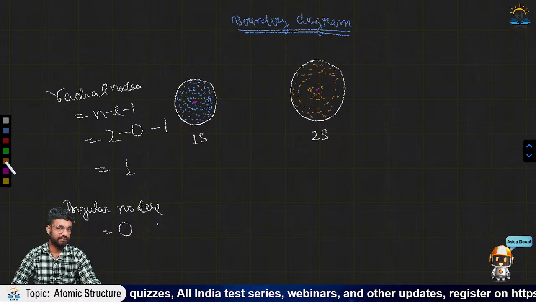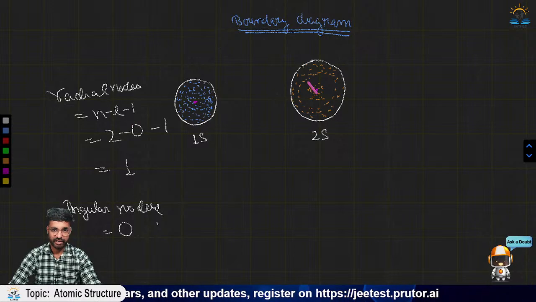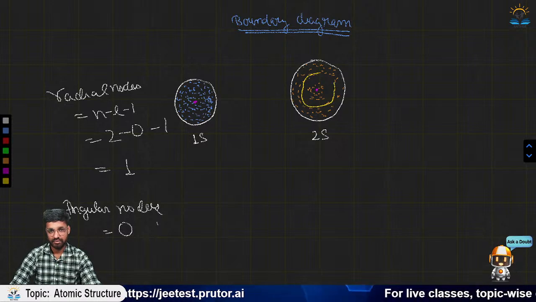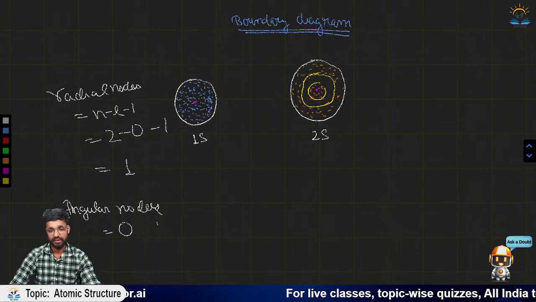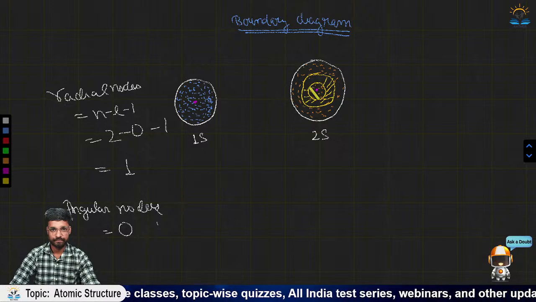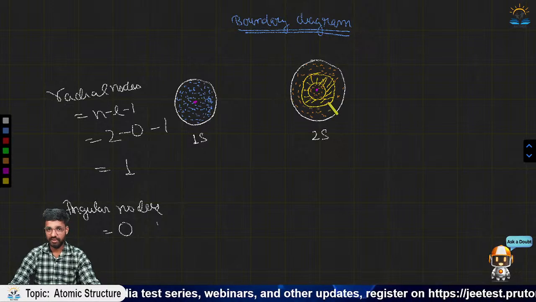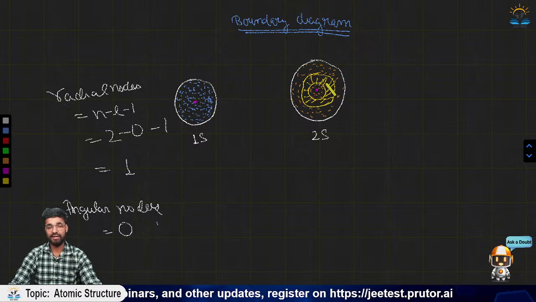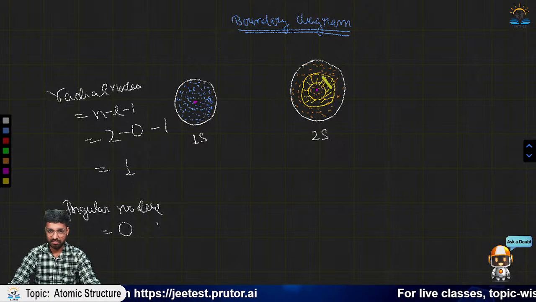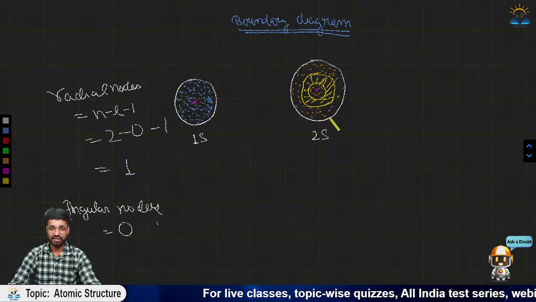If you see around this, let me draw with a different pencil to get things clearer. So this circle around this, here and here. Between these two regions, we have a vacant area, and this vacant area has very little probability of finding the electron. It is not zero, but it is very less. This place is called the radial node, and for the 2s orbital, it is one radial node.